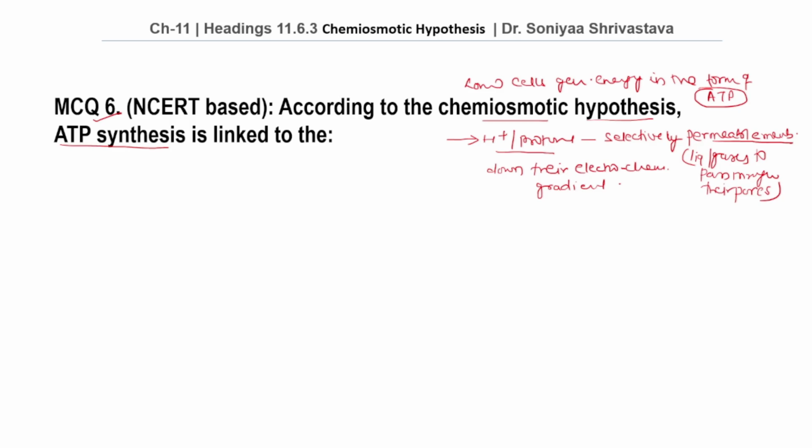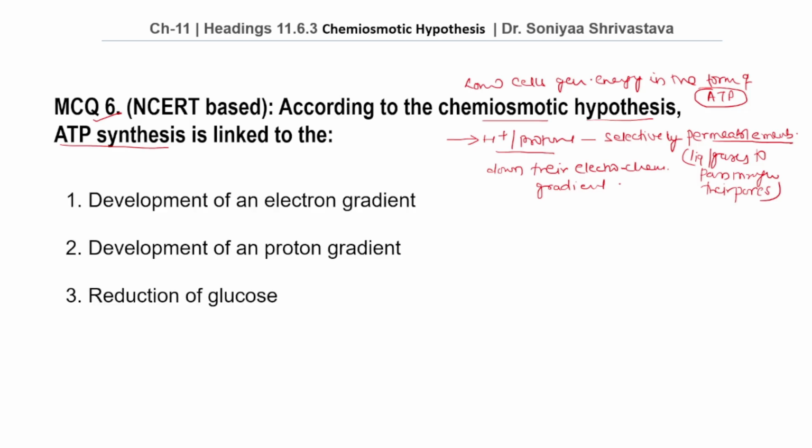So, in this question, we'll also see how ATP is synthesized. So, before coming to the options, let's first see our concept. We have already known that chemiosmotic hypothesis explains how cells generate energy in the form of ATP.